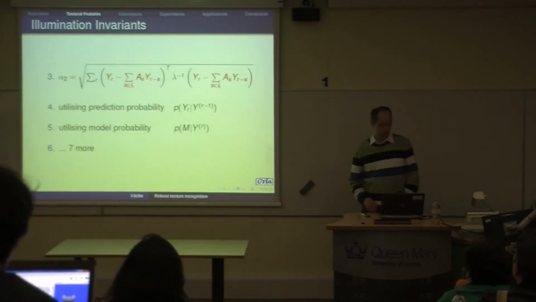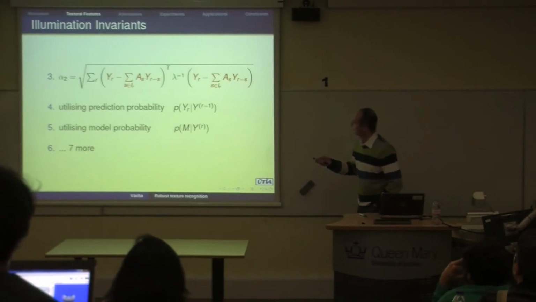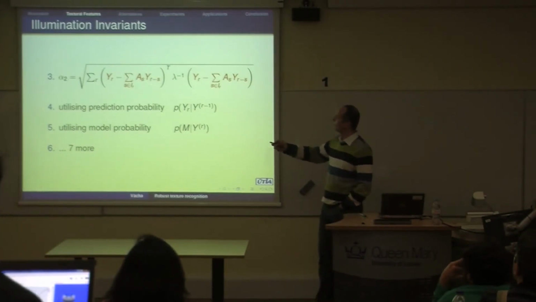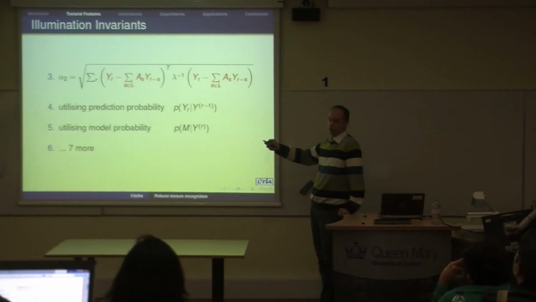We will derive a bit more invariants. This one looks a bit complicated, but it's not that case. This sum, in fact, is a value predicted by the model, and this is the actual value.